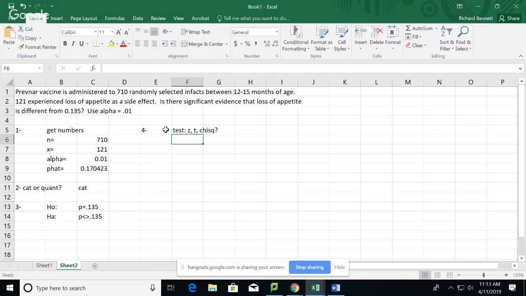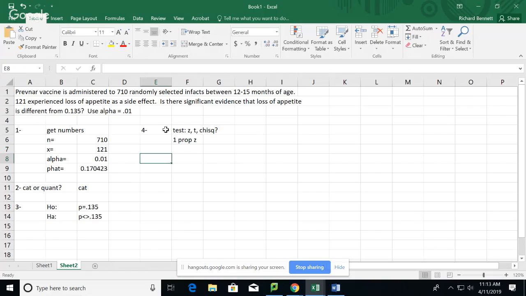The 1 proportion Z. He goes straight for the jugular. Who agrees with Braden? 1, 2, 3, 4, 5. Who disagrees? Okay, 5 people got it right. The rest of you got it wrong.